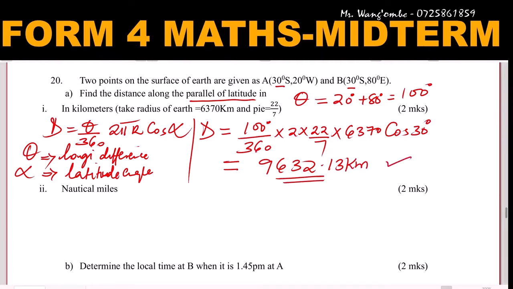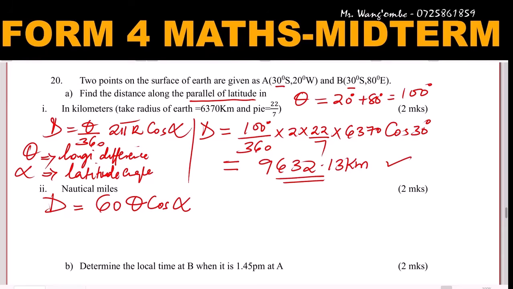We go to the second part, the same distance in nautical miles. So how do we get this distance again in nautical miles? Distance along the parallel of latitude in nautical miles. We get it by taking 60 theta multiplied by cosine of alpha. Of course, theta remains the longitude difference.